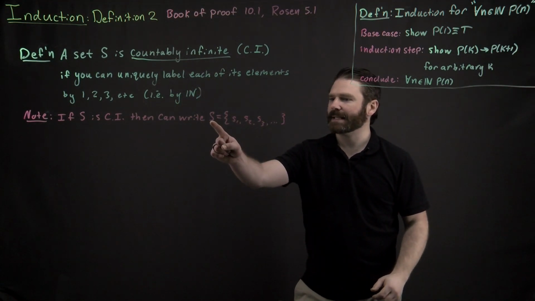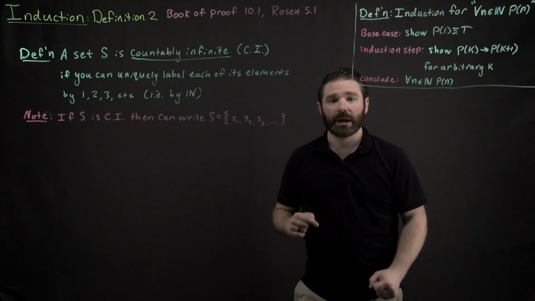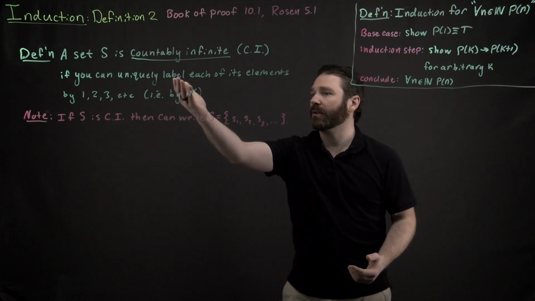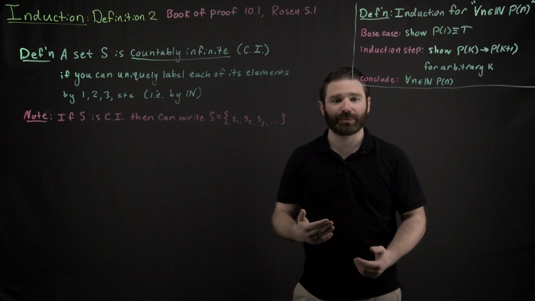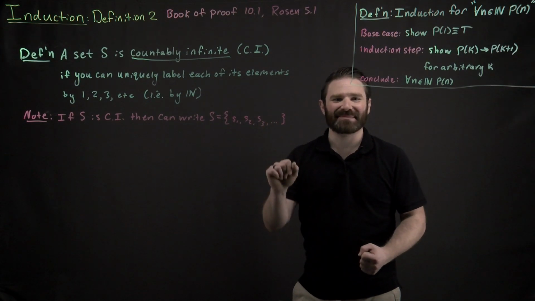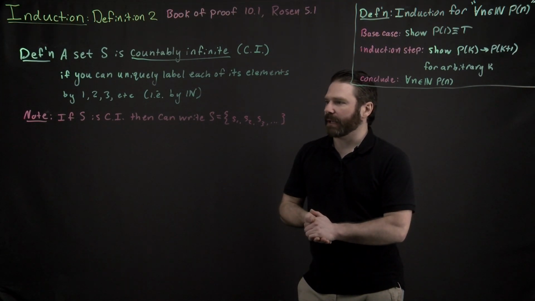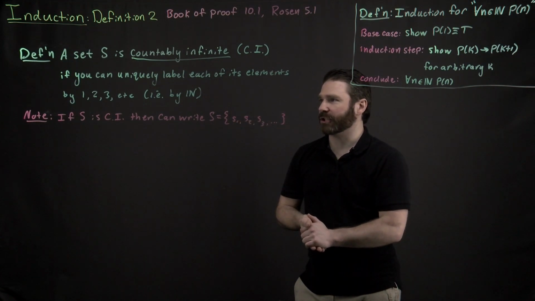So here I've written my set out as a little lowercase s1, s2, s3. All I've done is, since I know that I can uniquely label them with 1, 2, and 3, I go ahead and put the first label first, the second label second, the third label third, etc. So you can do that for any countably infinite set just from its definition.